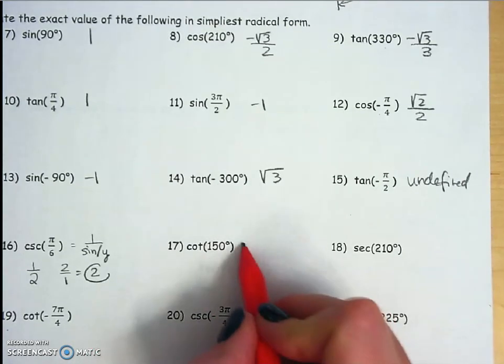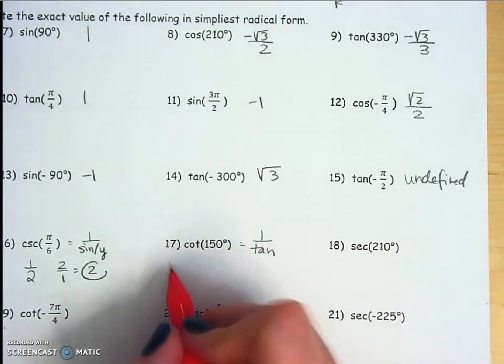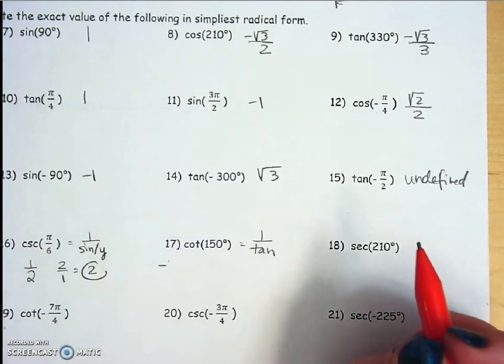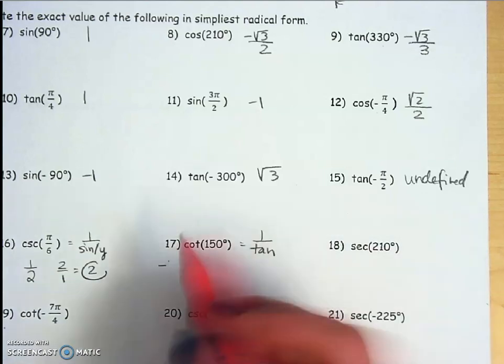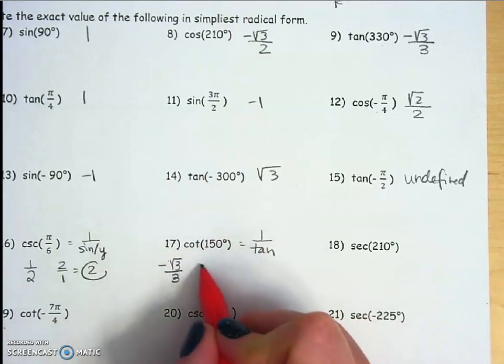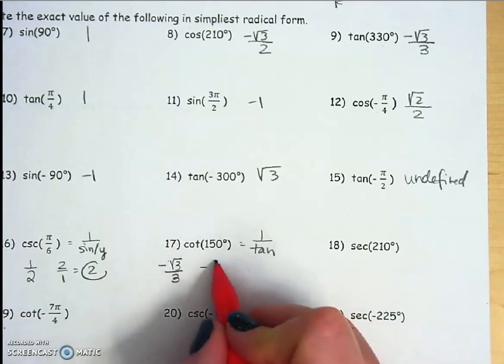Cotangent at 150 is the reciprocal of the tangent value. So the tangent value there is negative rad 3 over 3. So you're taking the reciprocal of that, and you don't have to flip the negative each time, you can just leave it out front.